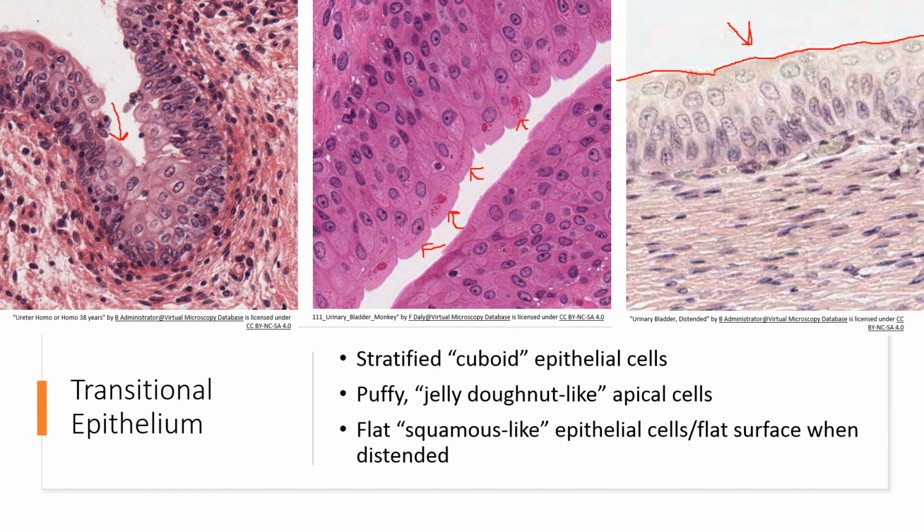That's a transitional epithelium. On your exams, I'm probably going to give you something that's more like the left side of the slide than the right, but you do need to be aware that the cells do stretch and flatten out to be squamous-like when the bladder is full of urine, or there's a urine stream going through the ureters or urethra.